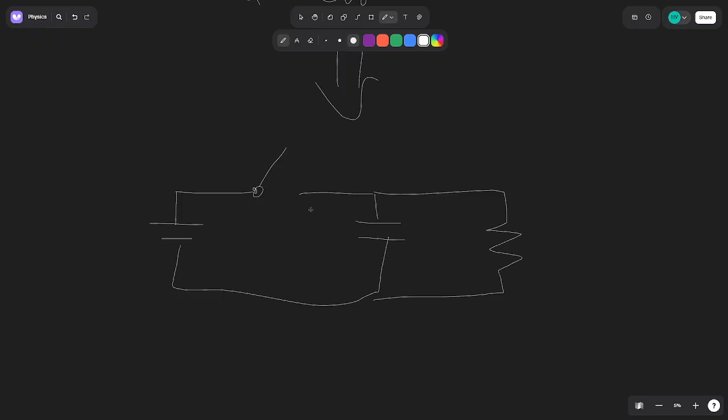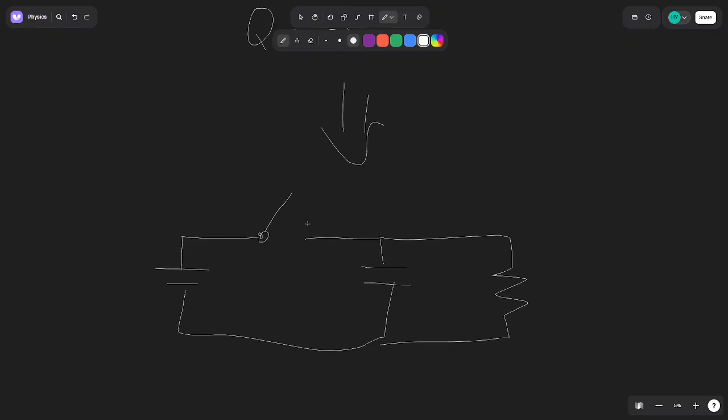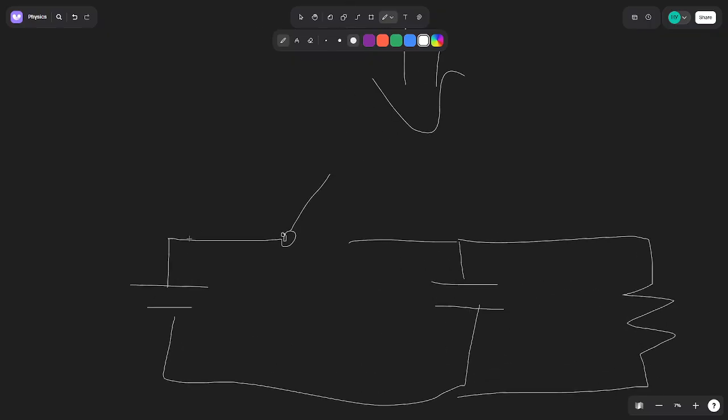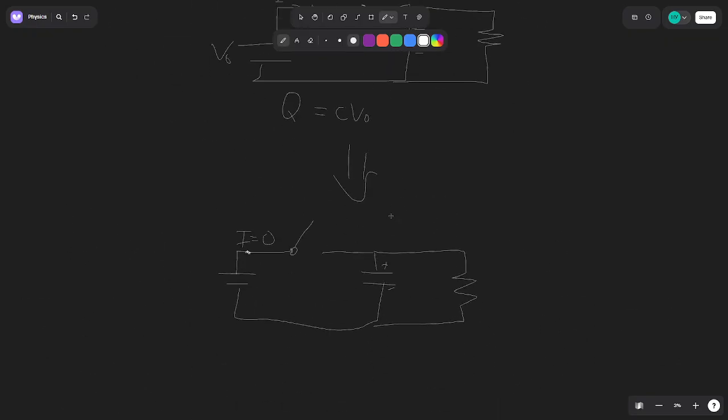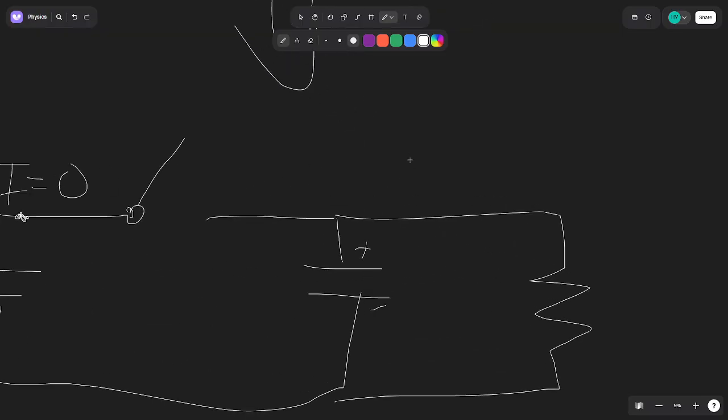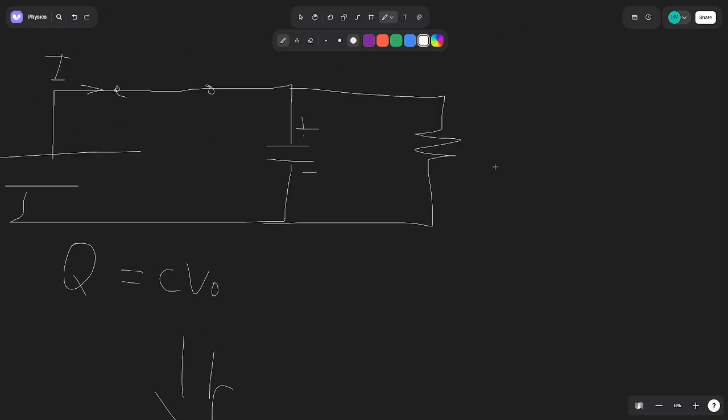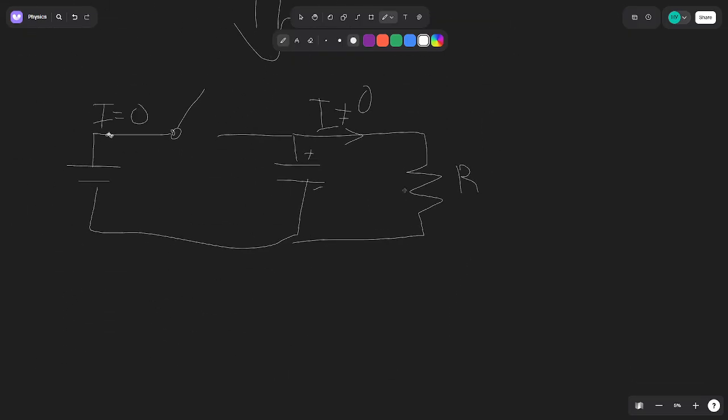So what's done? Is there any electricity? It depends on where we ask, because here the current equals 0. But here, since the capacitor collected some electricity and still holds it, the current here doesn't equal 0. And here's the resistor, right?